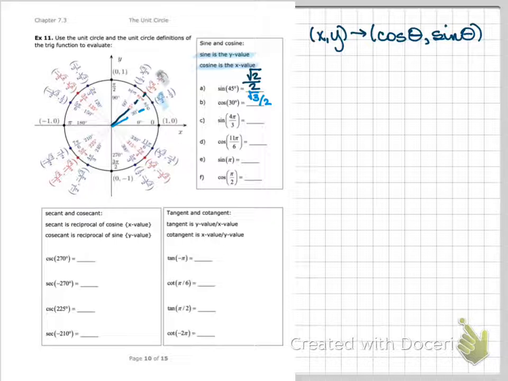As you get used to the radians, it's nice to keep in mind that 180 degrees is pi, so 180 degrees is 3 pi over 3. So 4 pi over 3 is going to be past 180 degrees. So down here, I see my 4 pi over 3. We want the sine of 4 pi over 3. The sine is the y. And so I've got negative square root of 3 over 2.